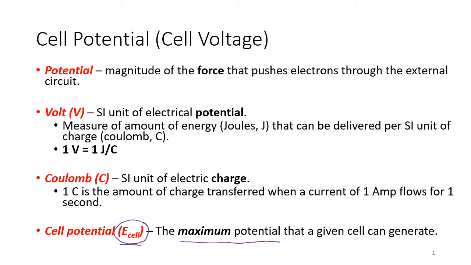The voltage or the potential of a given cell will vary with the amount of current flowing through that circuit. And it will depend upon quite a few things: the composition of the electrodes, the concentration of the ions in the 2 half cells, and the temperature it's run at. So that maximum potential can vary substantially.